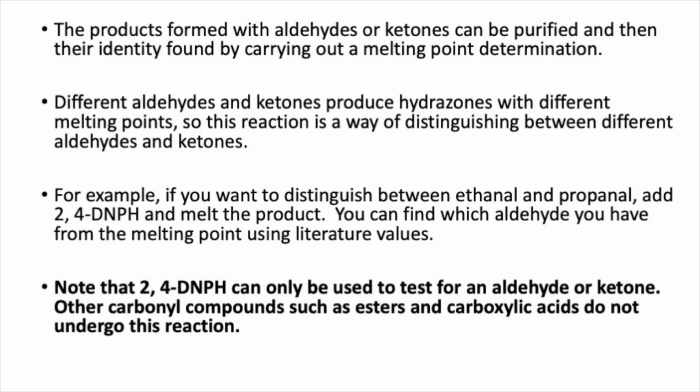Different aldehydes and ketones produce hydrazones with different melting points. So this reaction is a way of distinguishing between different aldehydes and ketones. For example, if you want to distinguish between ethanal and propanal, you could add 2,4-dinitrophenylhydrazine and melt the product, and then you can find which aldehyde you have from the melting point using literature values.